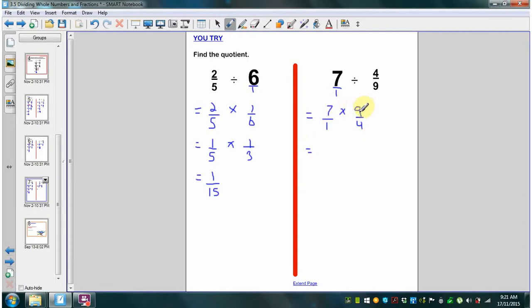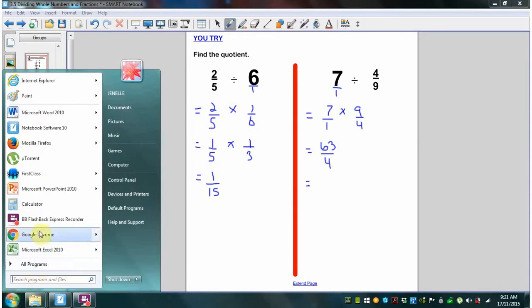So 7 times 9 is 63. 1 times 4 is 4. Then we're going to write that as a mixed fraction. This is a large number, so don't be afraid to pop up your calculator. I'm just going to use the calculator that's on my computer.